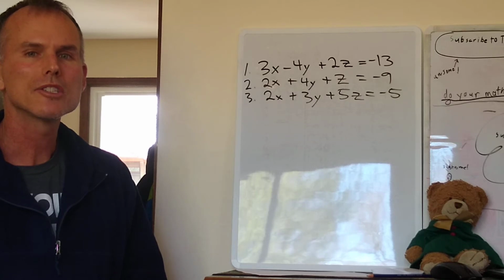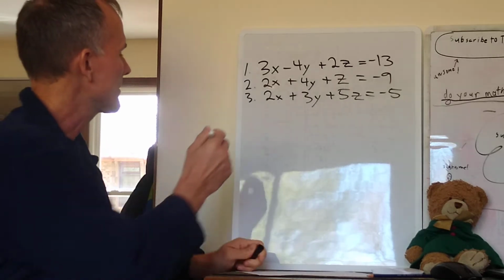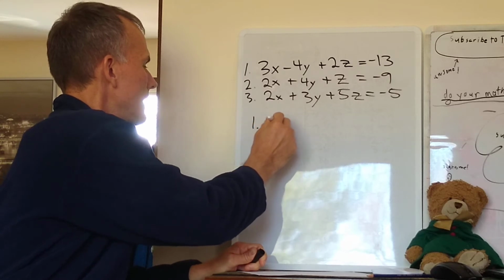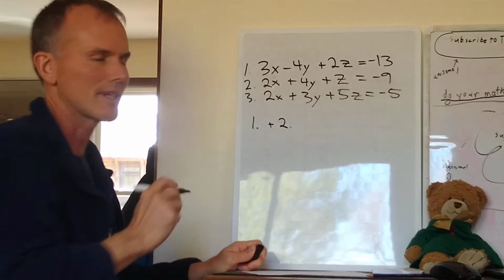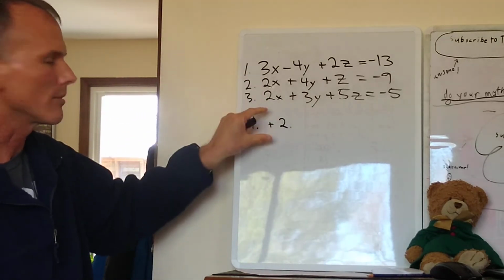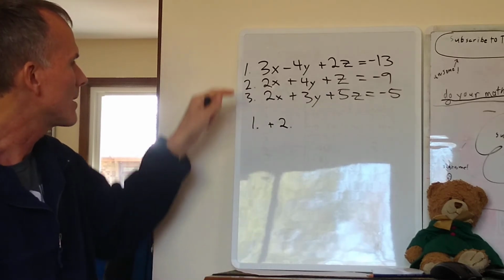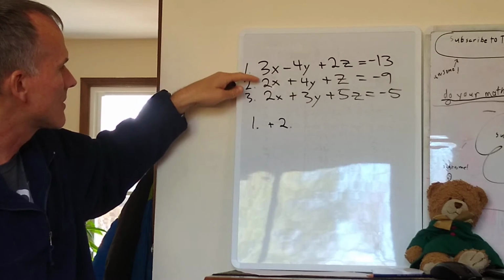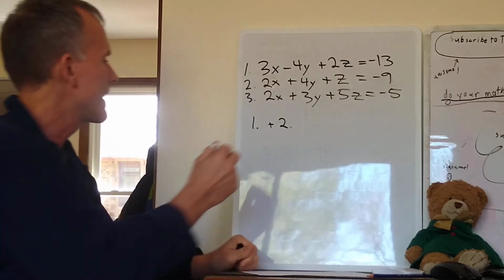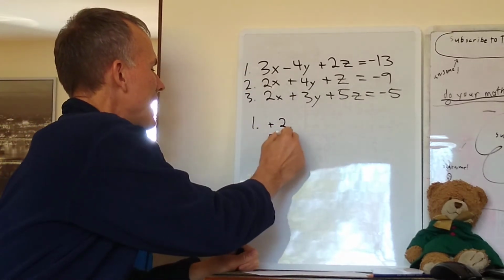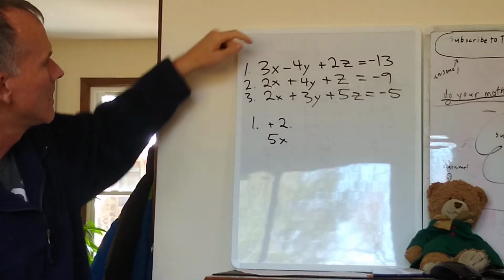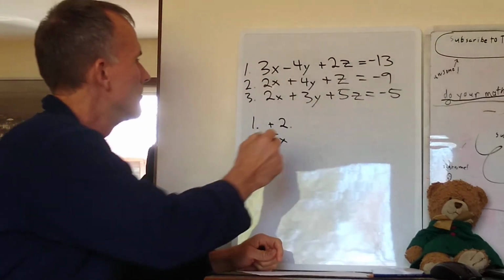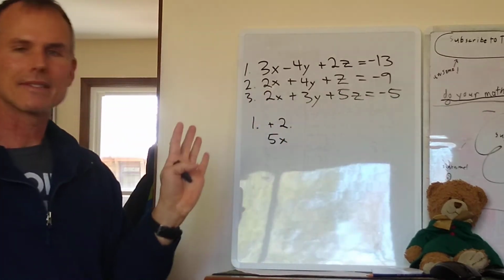So I'm going to write right here, 1 plus 2. That way I don't have to rewrite both of those equations. I'm going to add them like this. So 3x plus 2x makes 5x. Negative 4y plus 4y makes 0. I'm not even going to write the 0.